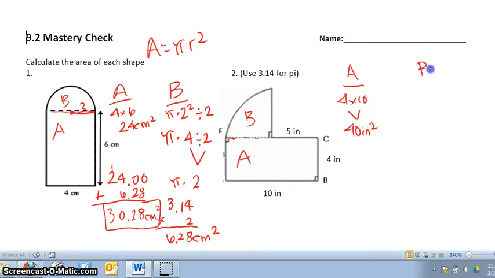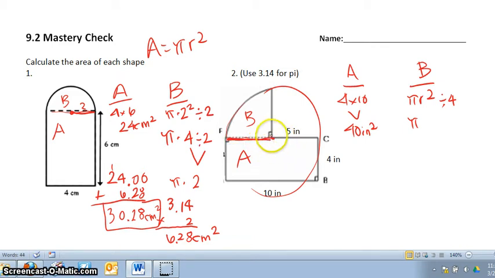For B, I'm going to use my same area formula for my circle, pi times radius squared, but this time I'm going to divide it by 4 because I only have 1/4 of the whole circle. So I'm going to plug in what my radius of the circle is, and again, if this was the circle, it would go all the way around like this, and so my radius would be this distance.